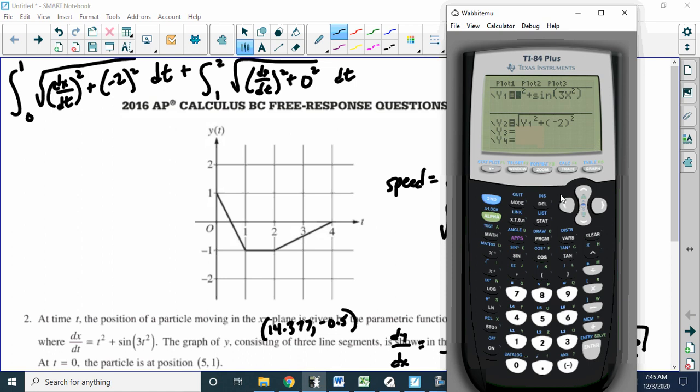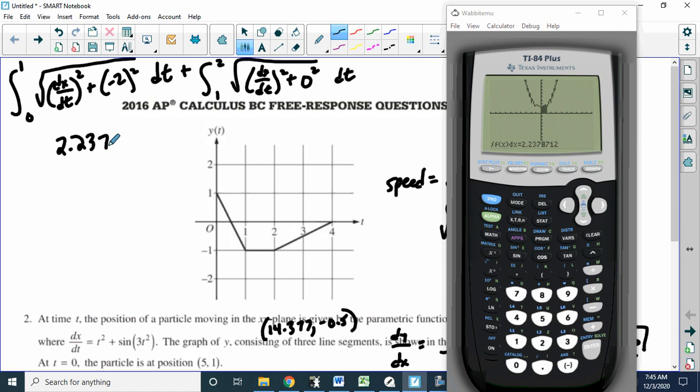And we only want to graph y2, we don't want to graph y1, so turn that graph off. Now we can do it. We are integrating this from 0 to 1, which gives us 2.2379.